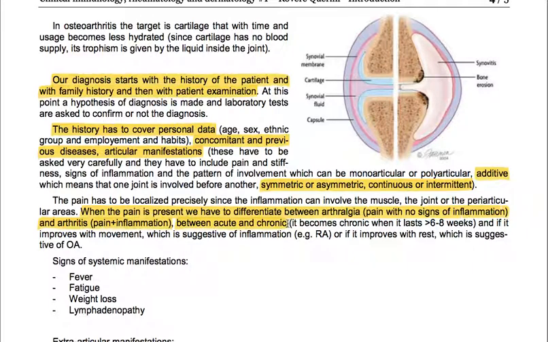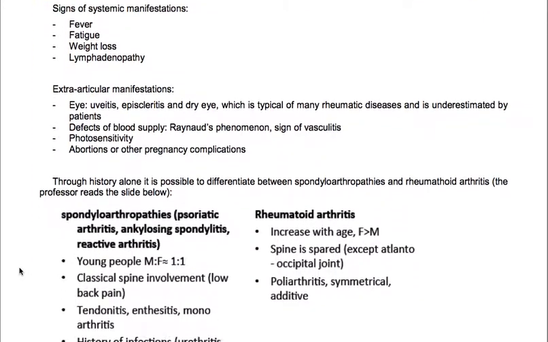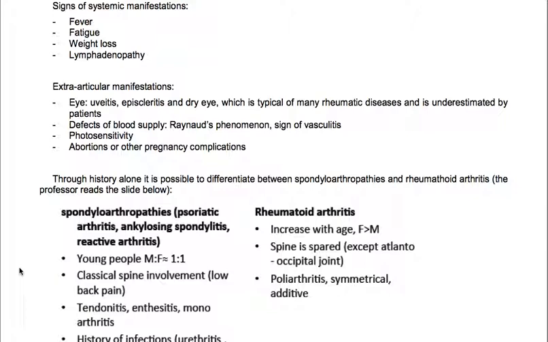It becomes chronic when it lasts more than 6-8 weeks, and if it improves with movement, which is suggestive of inflammation, or if it improves with rest, which is suggestive of osteoarthritis. Signs of systemic manifestations are fever, fatigue, weight loss, lymphadenopathy.